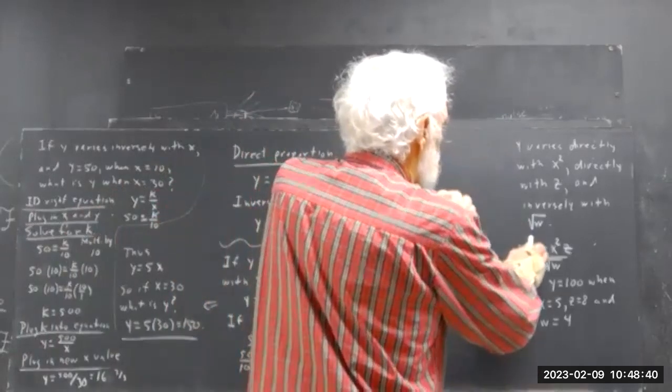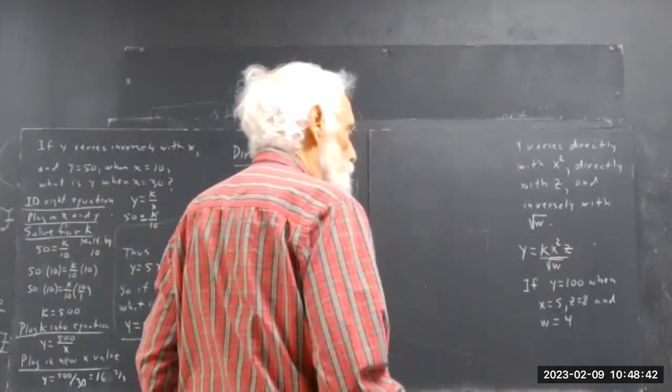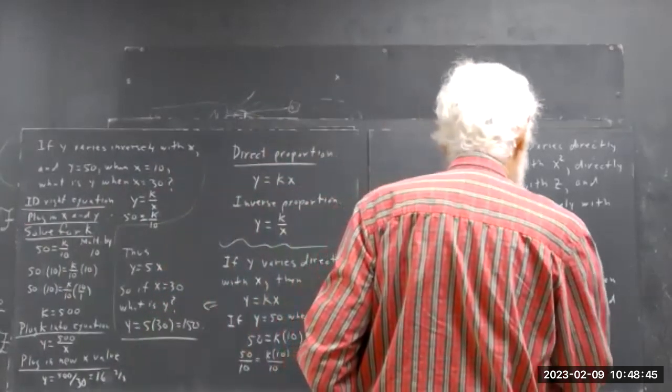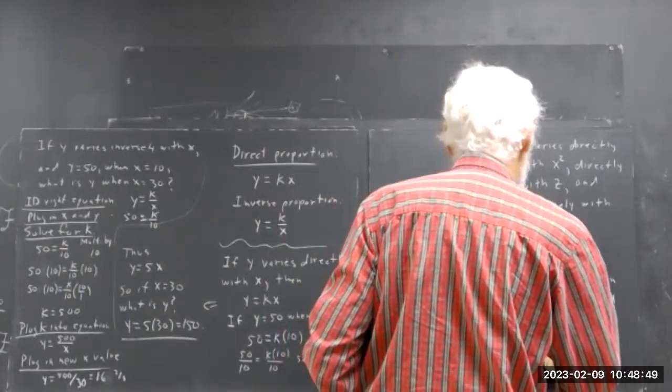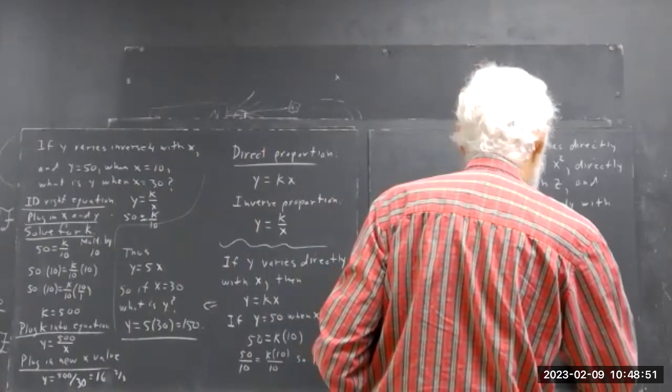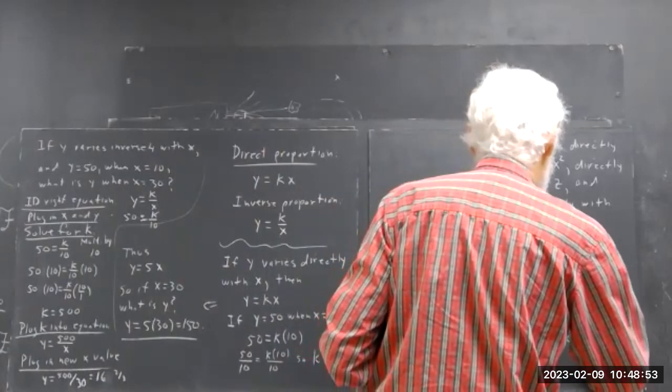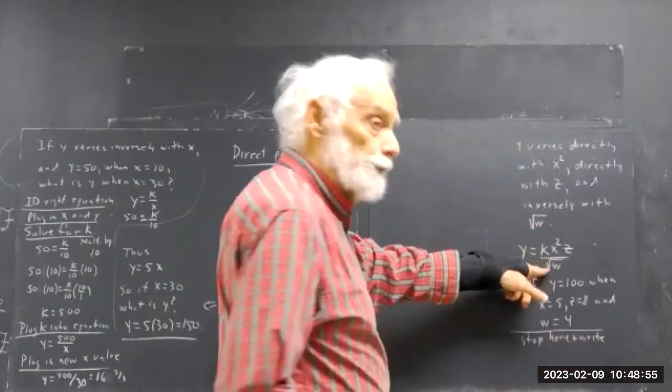We've got y equals kx squared z over square root of w. And we focus on this.